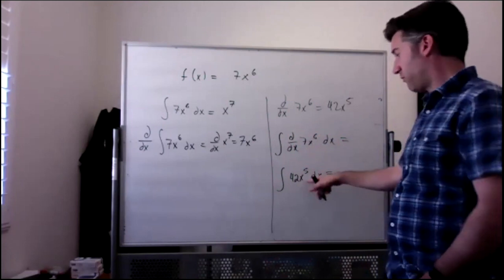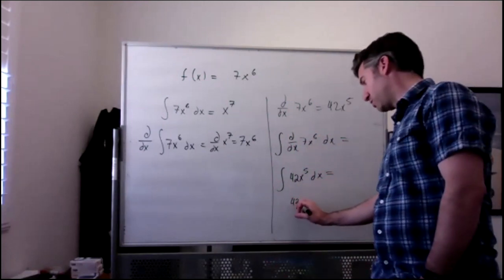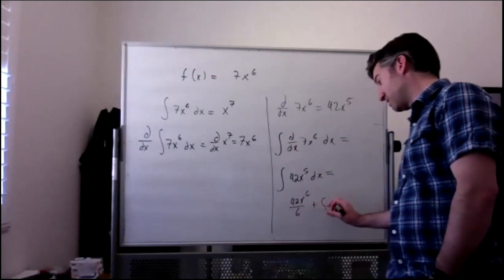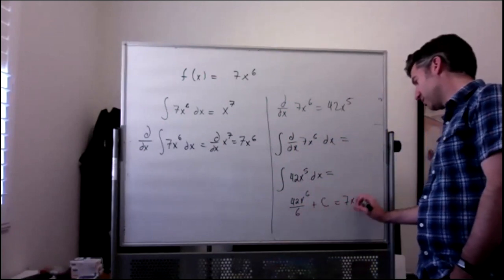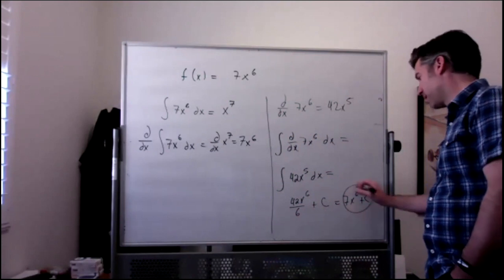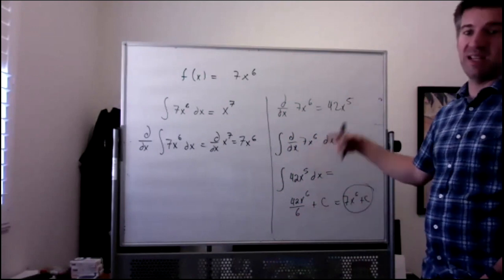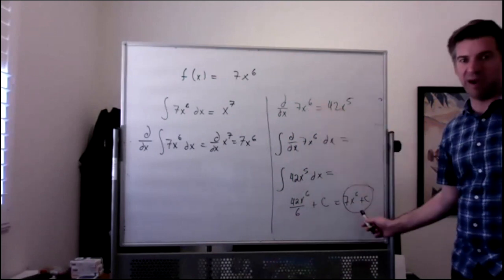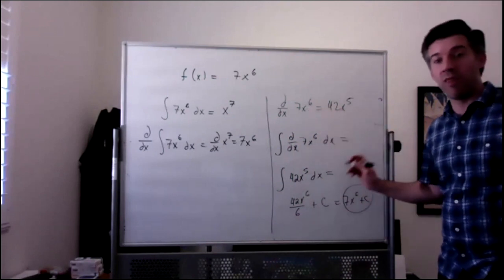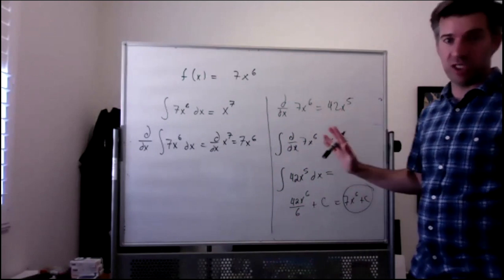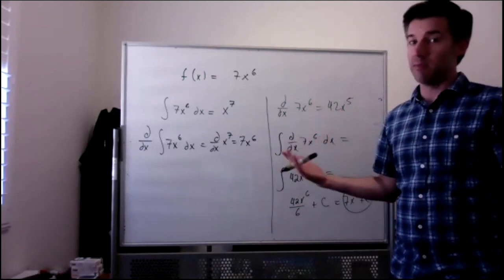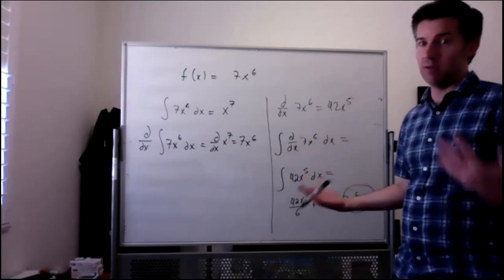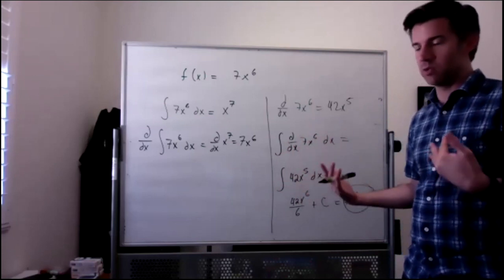And then the antiderivative of 42x to the 5th is 42x to the 6th divided by 6 plus a constant, just 7x to the 6th plus a constant. So if you differentiate first and then antidifferentiate afterwards, your answer might differ from your original function by a constant. But other than that, differentiation and antidifferentiation, named for a reason, are processes that undo each other. So if you do one and then do the other, you essentially get back to where you started.